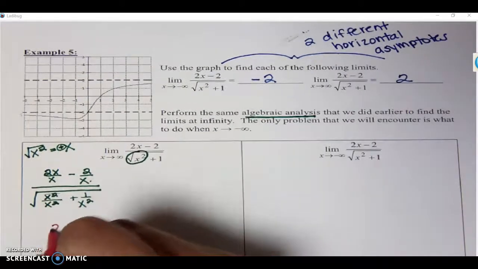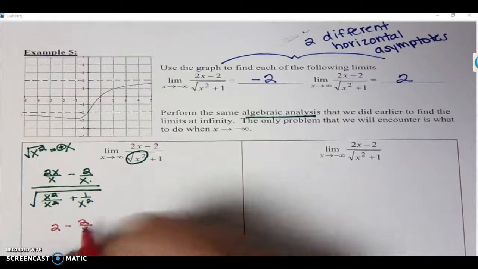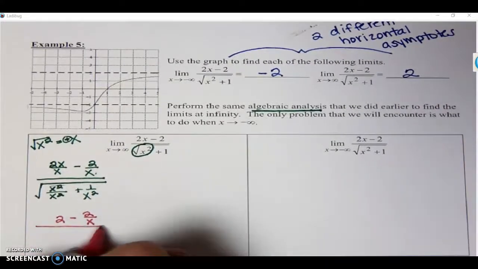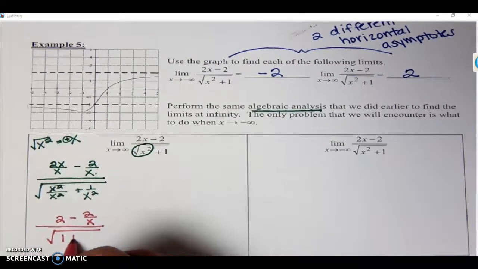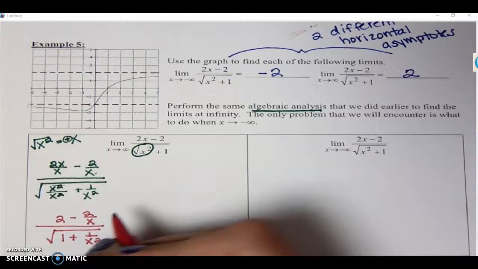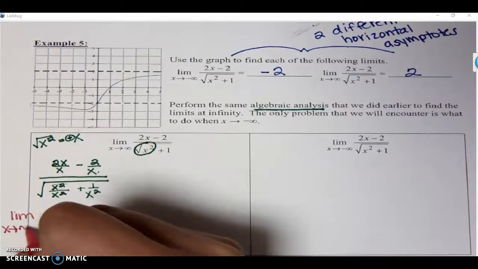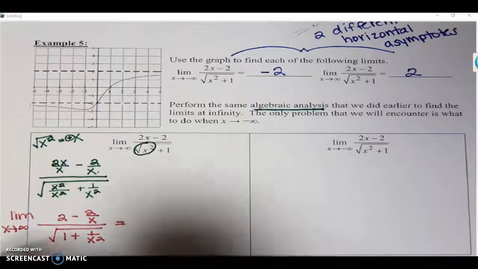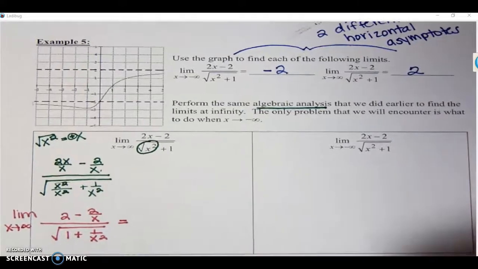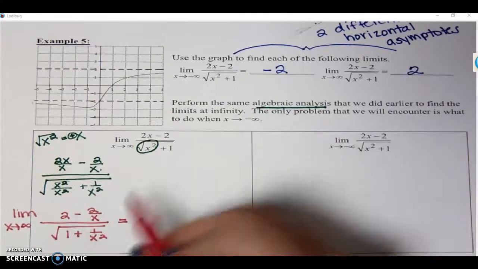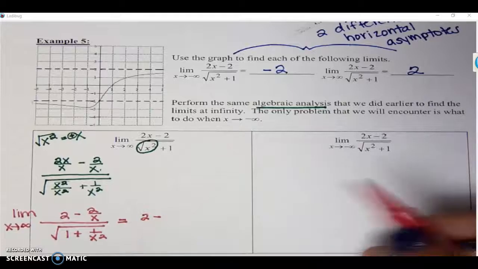So we'll have 2 minus 2 over x over the square root of 1 plus 1 over x squared. And then we're doing the limit as x approaches infinity. So from here, you're doing it the exact same way. The limit as x approaches infinity of 2, which is just a constant, is going to be 2.